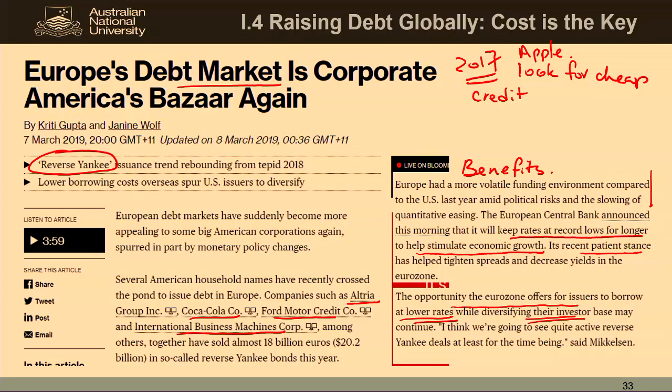Comparing the two economic environments and political will, the European market appeared much more attractive for corporate America to issue debt over there. So even though Apple in particular is sitting on a lot of cash, they're still jumping on this opportunity to get cheap debt, right?